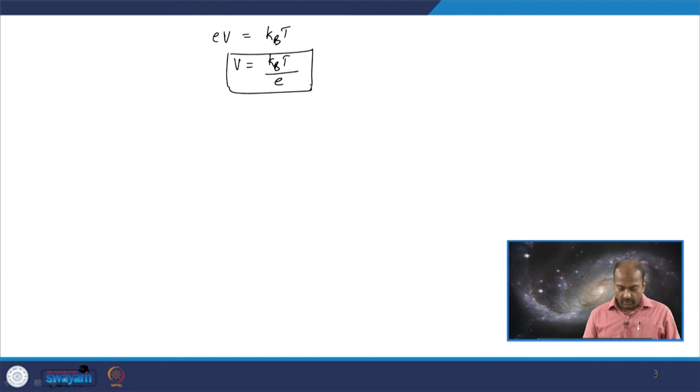What is this potential? Where is this potential coming from? This is at the edge of the cloud. So, potentials of the order of kBT by e can leak into the plasma and cause a finite electric field to exist beyond the shielding cloud.